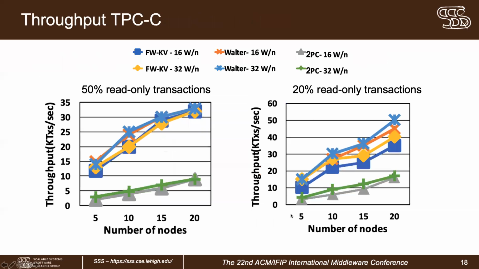Finally, in this plot, we compare the throughput of FWKV, Walter, and the two-phase commit baseline using the TPCC benchmark. Again, by having a different number of nodes, we also change the number of warehouses per node. One time we set it to 16, one time we set it to 32.